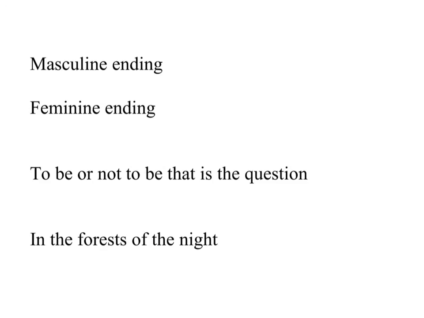Now for more rules. If a sentence ends with an extra, if the extra is stressed, we call it a masculine ending. And if the sentence ends in an unstressed and there's an extra, we call it a feminine ending.